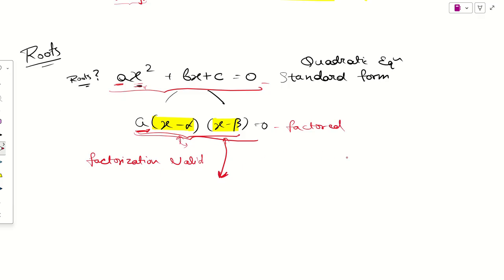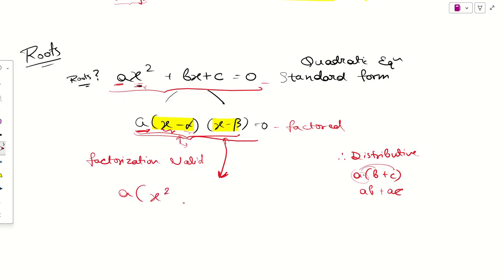Expand means we are applying the distributive property. In the distributive property, you have to multiply the outer term with each term among the brackets, like a(b + c) becomes ab plus ac. Here you have to do the same. First this x multiplies with the whole bracket, and then this minus alpha multiplies with the whole bracket.